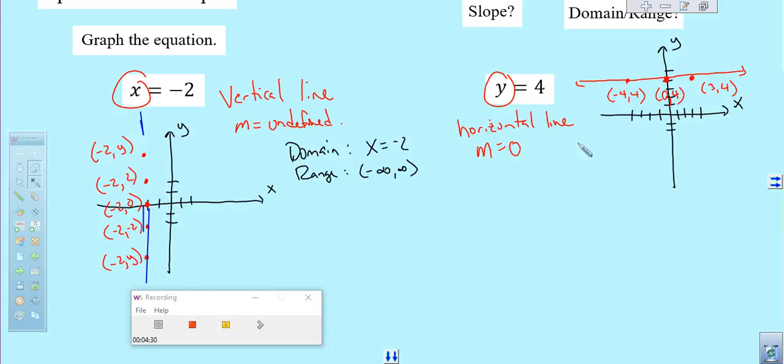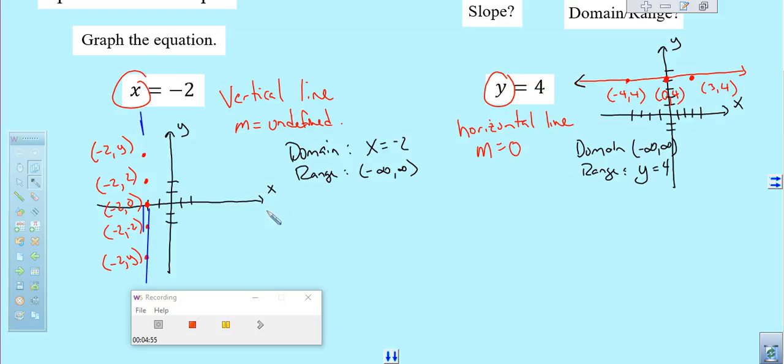I come over to this guy, and I look at my domain and my range. Well, it's my range this time that's limited. So my range is equal to 4, because I only get 4. Whereas my domain is going to be -infinity to +infinity because I go on forever to the left and I go on forever to the right.